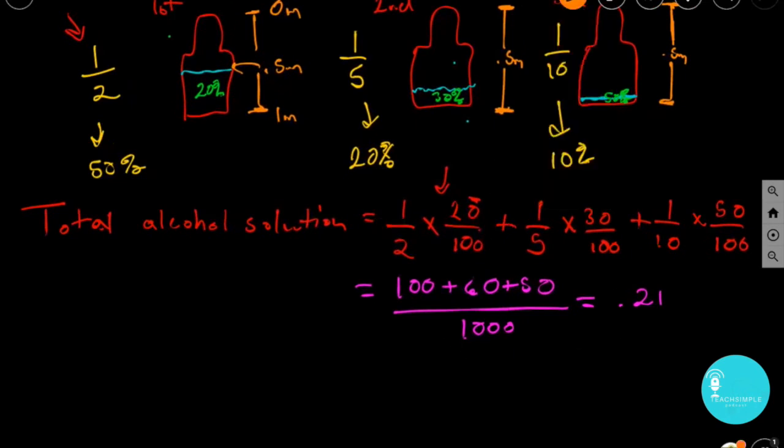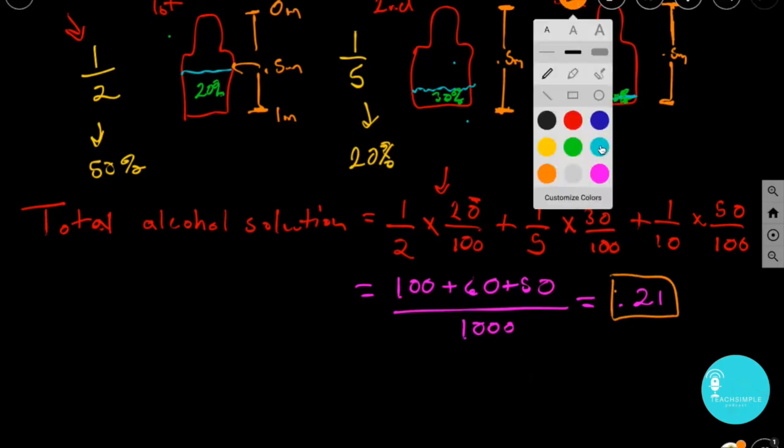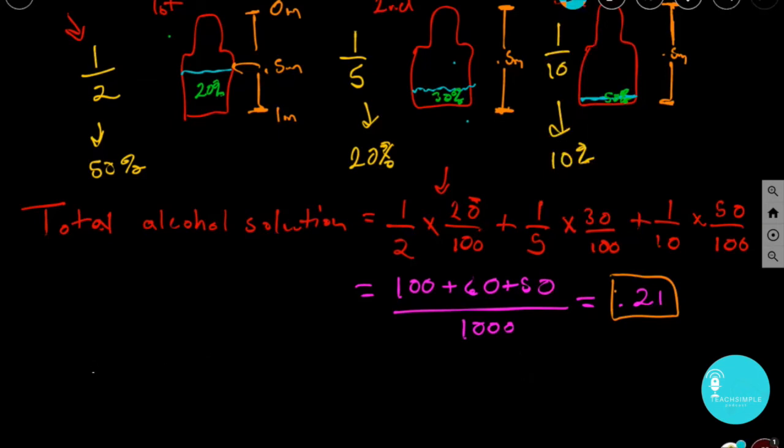Okay, so now we have the total alcohol solution. We're going to take that number and divide it by the total volume to figure out how much of it is in the mixed solution. Now that we know the total alcohol content in the mixture, we want to figure out the volume.